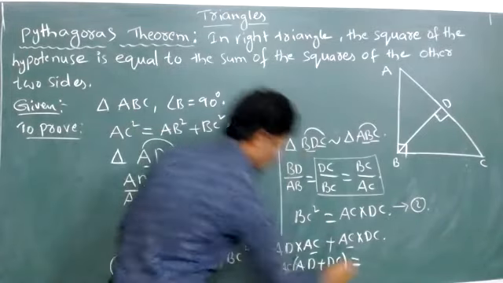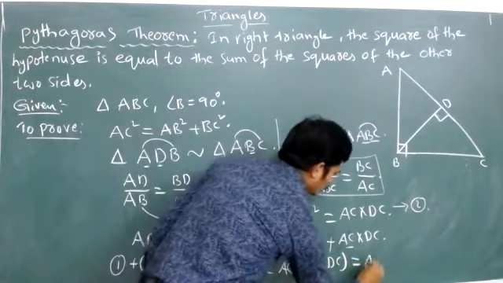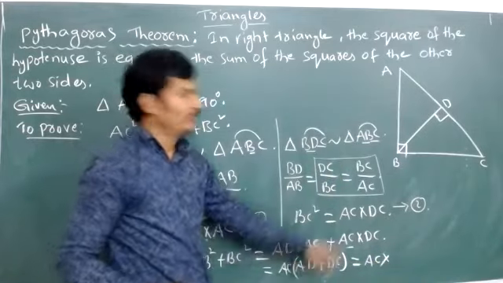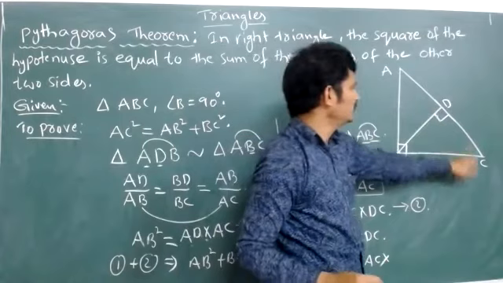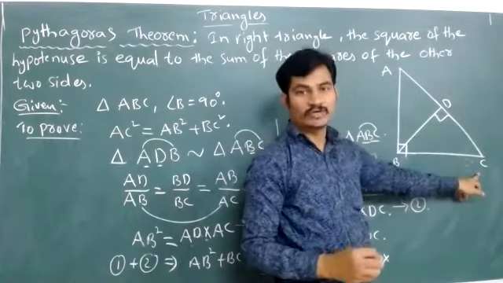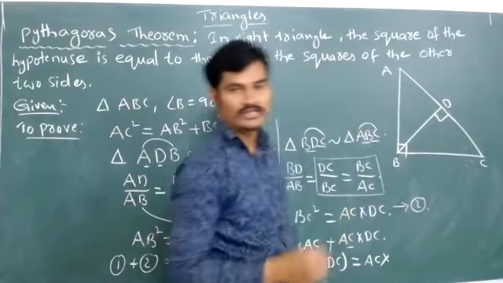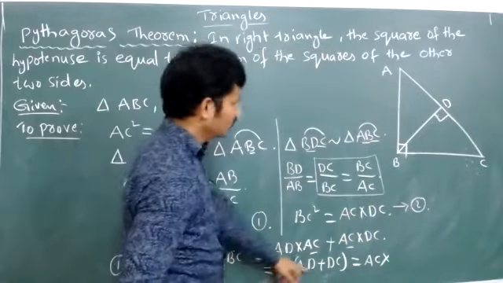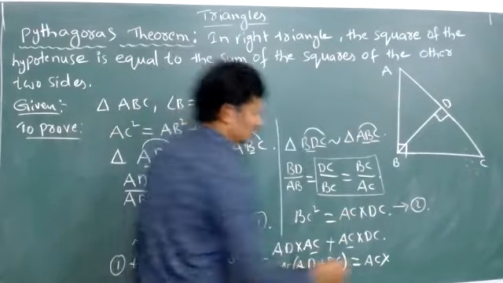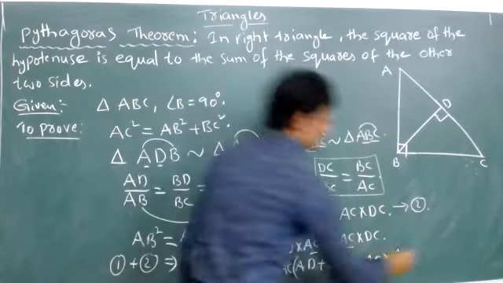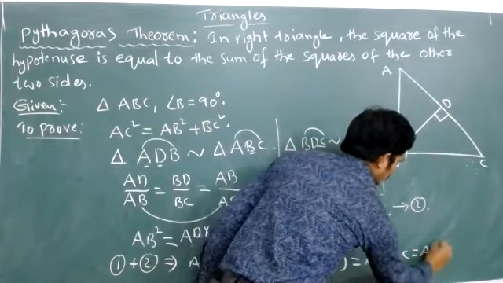So that is equal to AC into AD plus DC. By the diagram, AD plus DC we can write as AC, because A, D, C, these three points are collinear. So AD plus DC is equal to AC. So AC into AC is equal to AC square.